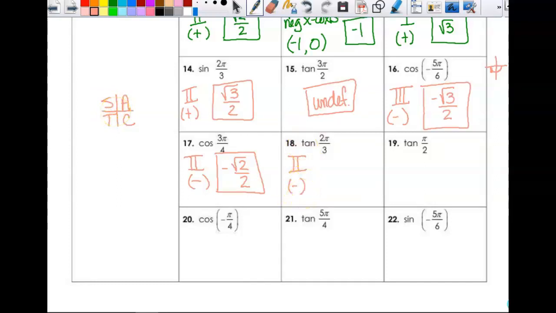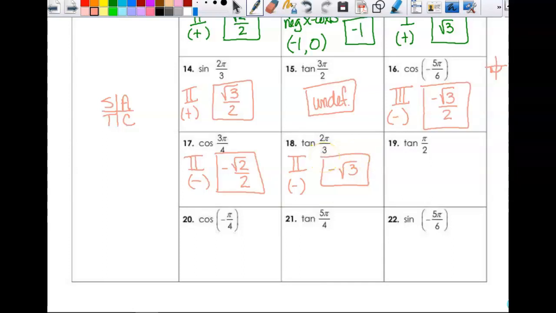Then do you know what the tangent of pi thirds is? Remember, pi thirds and pi sixth has the square root of 3 in it. One of them square root of 3, one of them square root of 3 over 3. Just square root of 3. Okay. And then since this is negative, I got negative square root of 3.